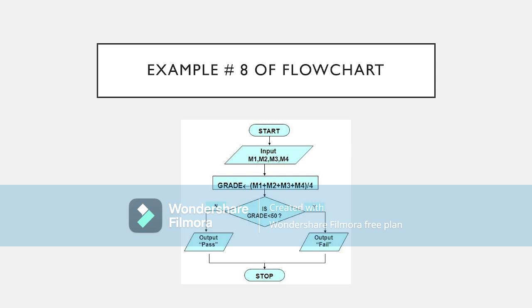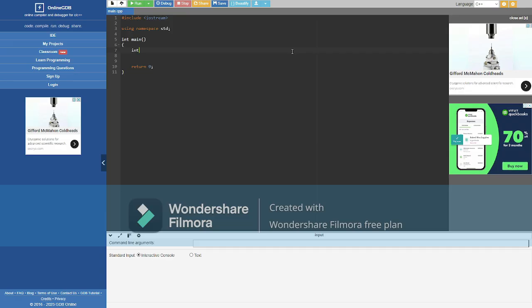In this flowchart, it is asking for the input of marks from users, and then it is going to take the average of those marks and see if the student passes or fails. Let's make this program. So here I am inside the IDE.